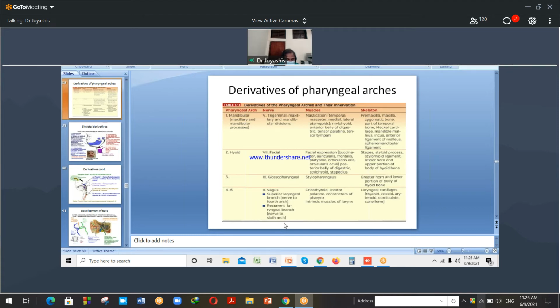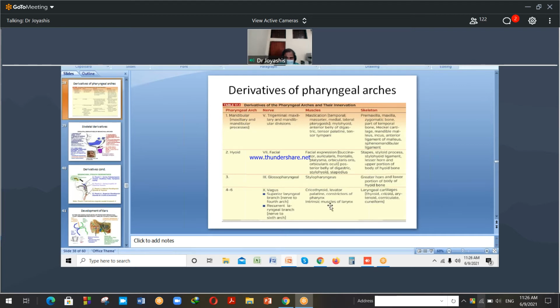The muscles developing from the fourth and sixth arches are cricothyroid, levator veli palatini, constrictors of the pharynx, intrinsic muscles of the larynx, and striated muscles of the esophagus. The skeletal structures are thyroid cartilage, cricoid cartilage, arytenoid cartilage, and corniculate and cuneiform cartilages.